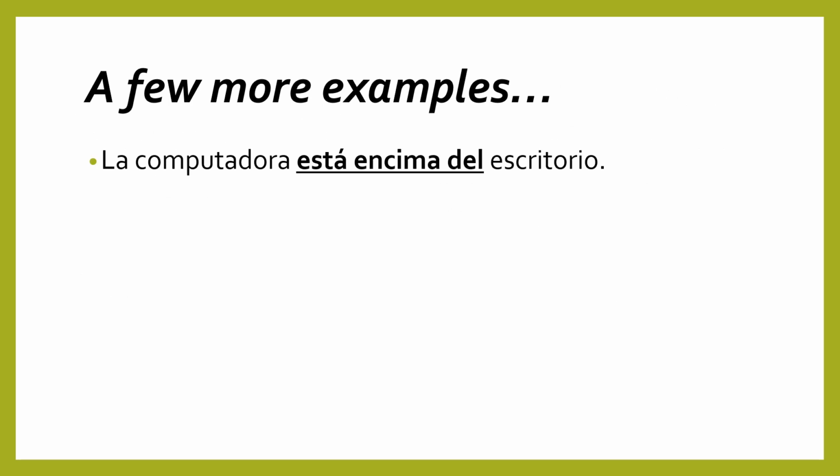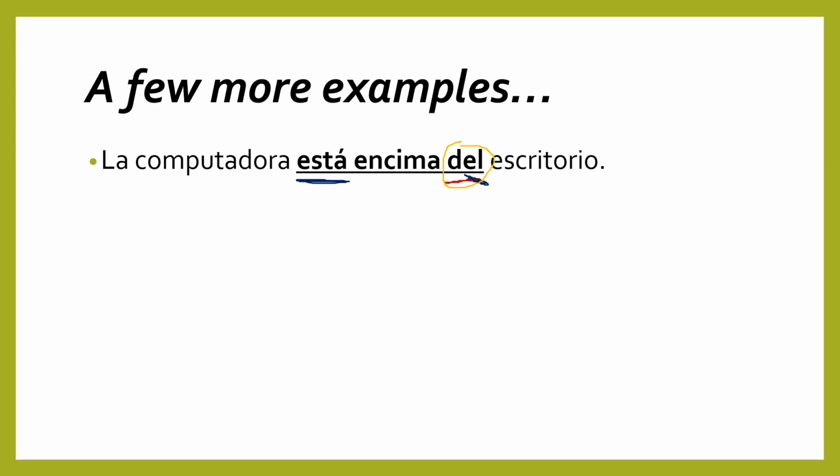Okay, so again, the computer is on top of the desk. La computadora está because it is. Encima is your preposition. And de, encima de, on top of. What is it on top of? El escritorio. So we have the word de plus the word el, which combines to that one little contraction, del.